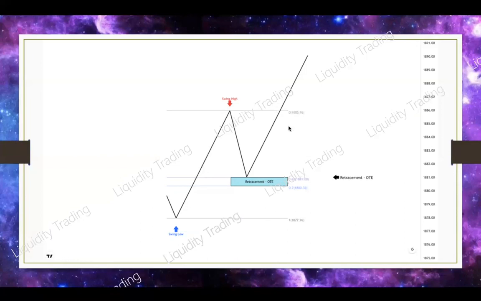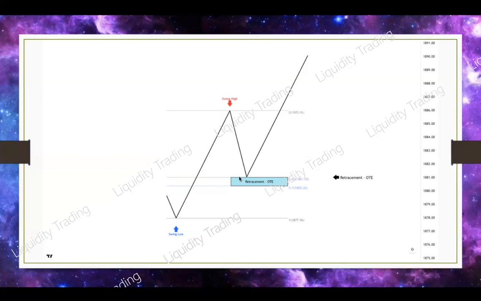Now I know many times, especially when you're backtesting, it can confuse a lot of people that a lot of times the market will just go a little bit lower than the 62, like sometimes it will go to a 70 or maybe lower levels.